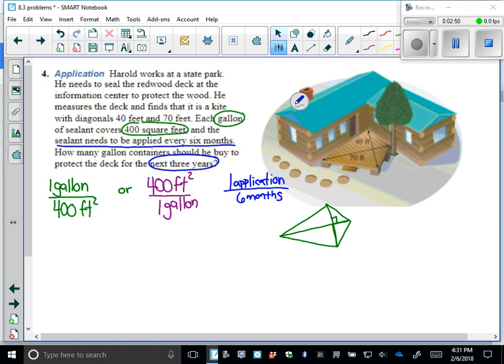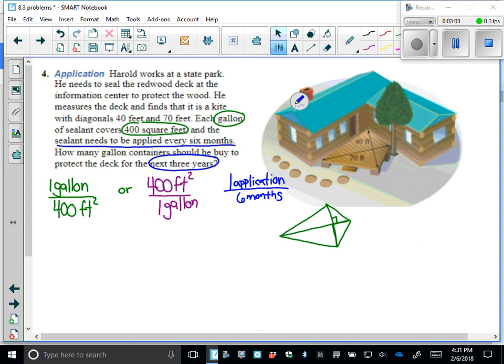And we need to know how many gallons per year, because then we could just triple the answer. So that's the way I'm looking at the problem.